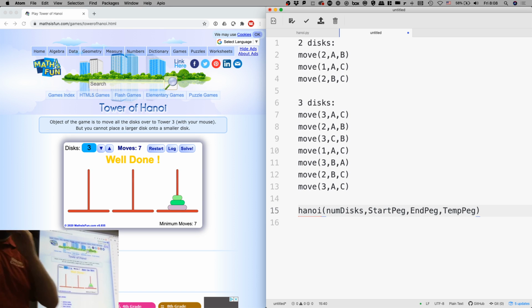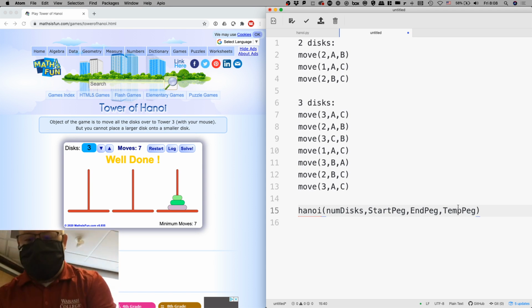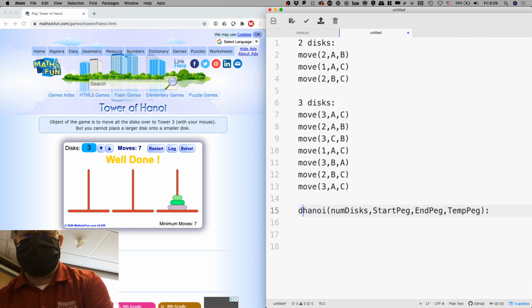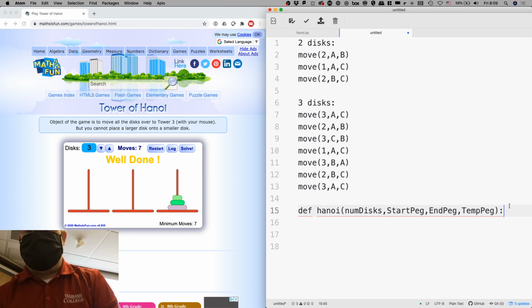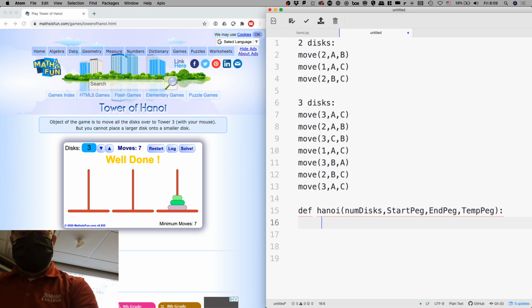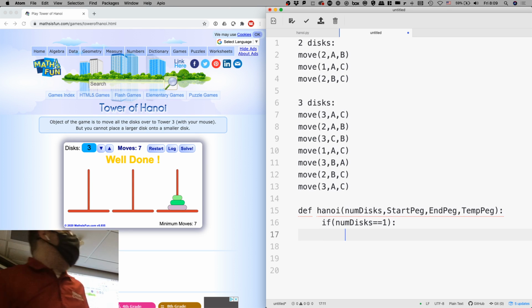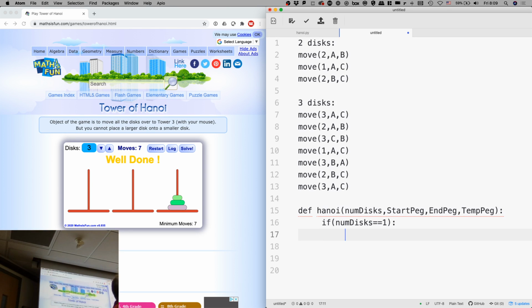So here's why I wanted to renumber it. And I'm going to write this in Python style syntax. Here's why I wanted to renumber it, because it makes this convenient. When's the situation that we're always moving a single disk?